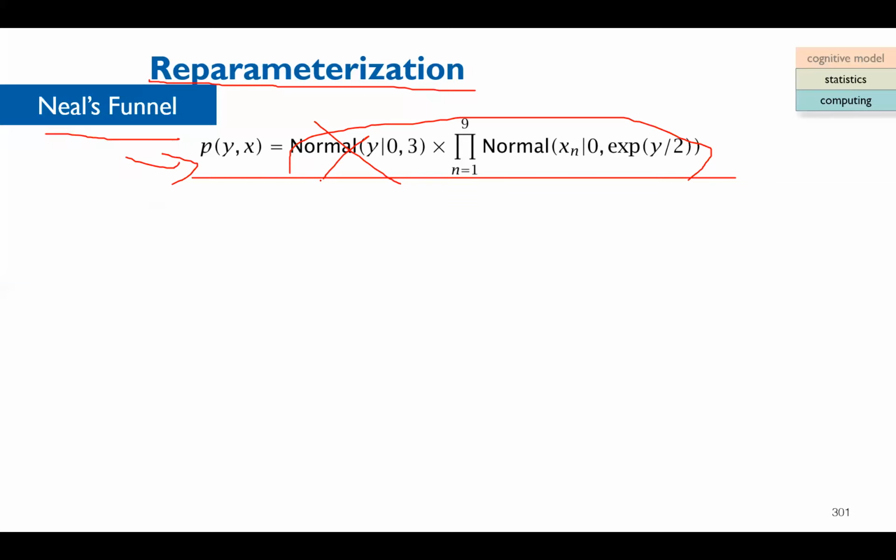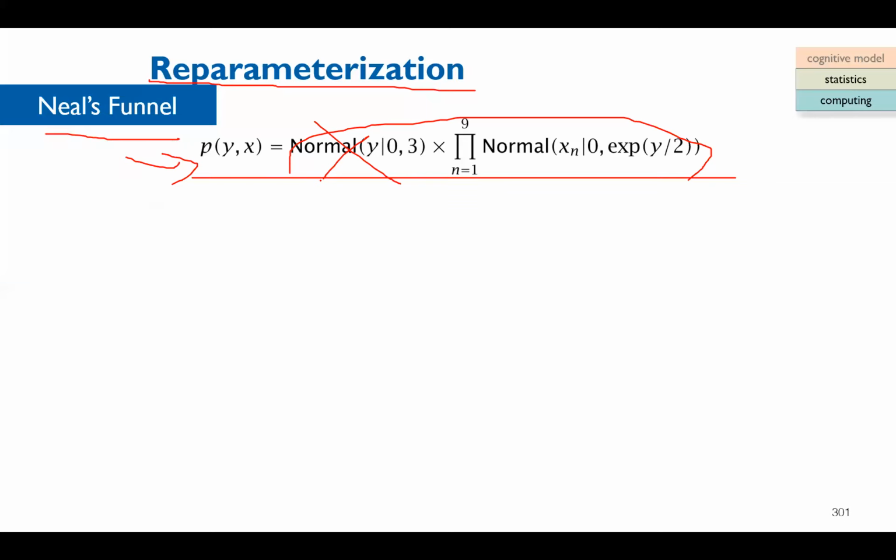Good. And what is this? This is also a normal. There's x, there's a 0, there's exponential of y/2. This is x, and x also follows a normal distribution with a mean of 0 and a standard deviation of e to the power of y/2. Okay, yeah.